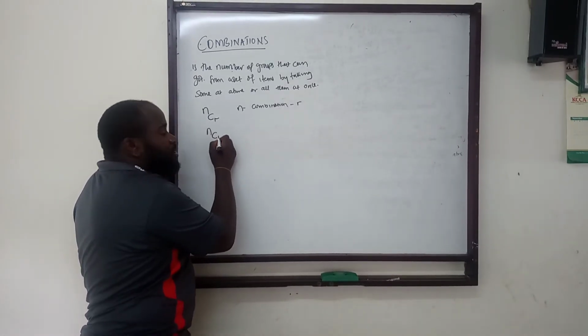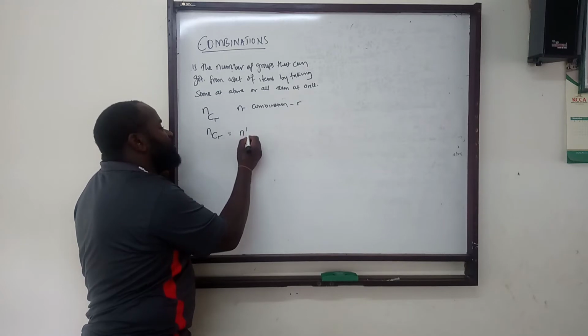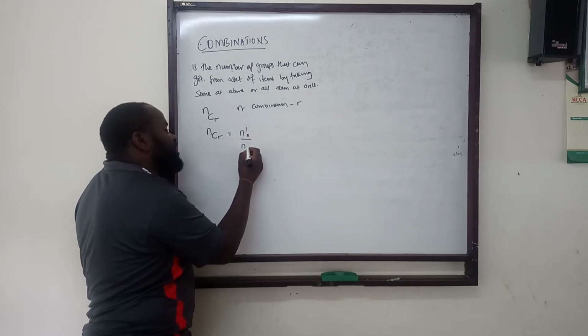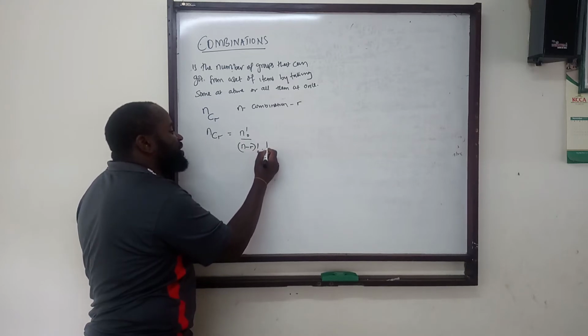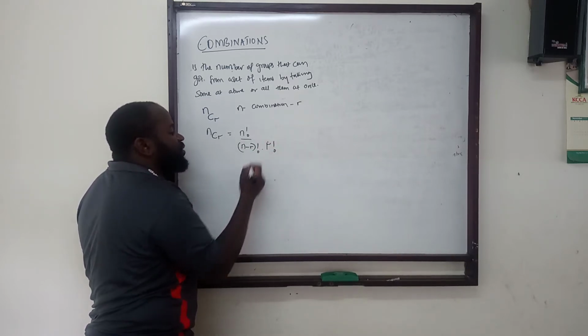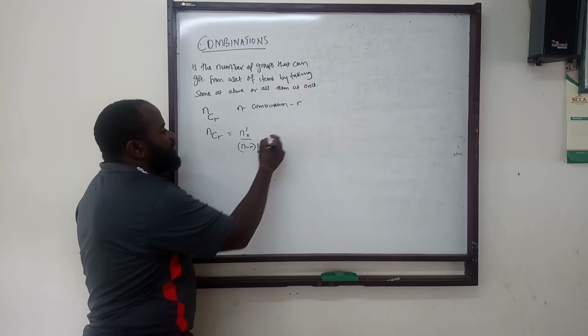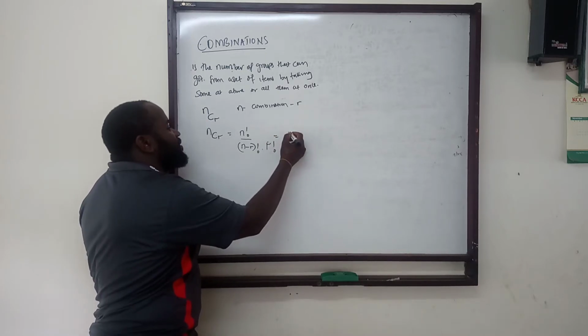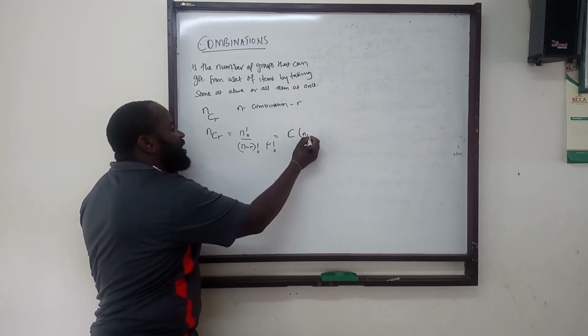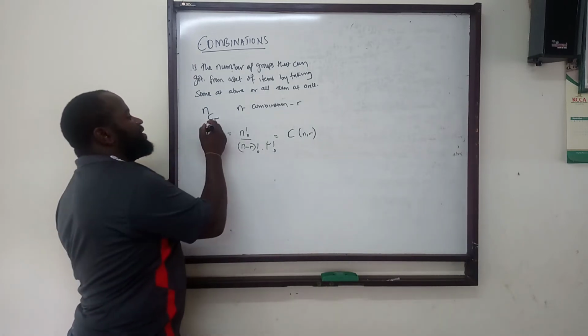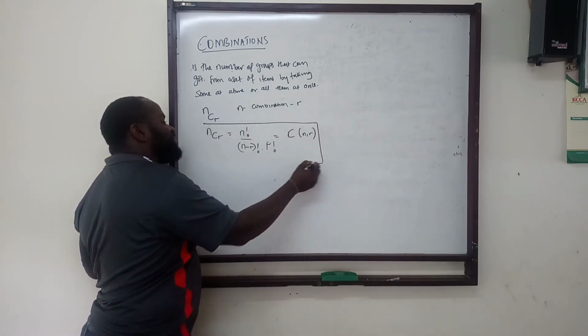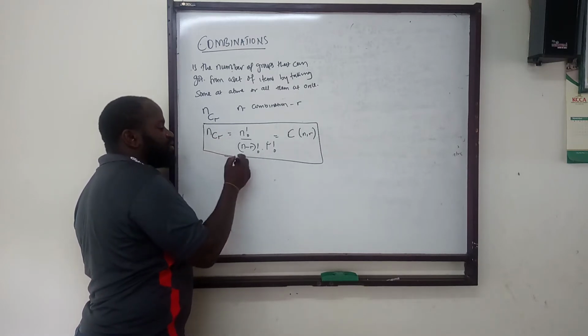So n combination R is the same as n factorial out of n minus R factorial times R factorial. Sometimes this can be written as C of n, r.